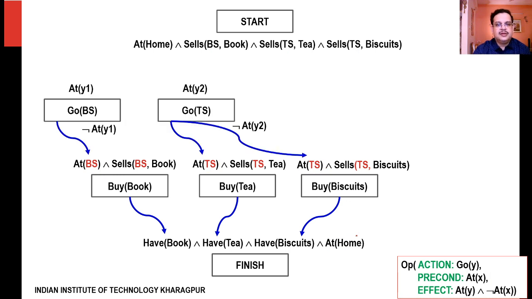Then now we use the other action, that is go, if you remember correctly from the last lecture. So we put those actions in place now, and then at this point of time, as you remember, we still have to fulfill at y1 here and at y2 here.